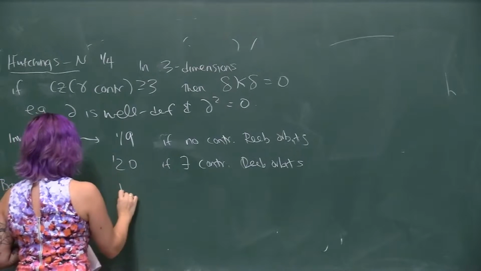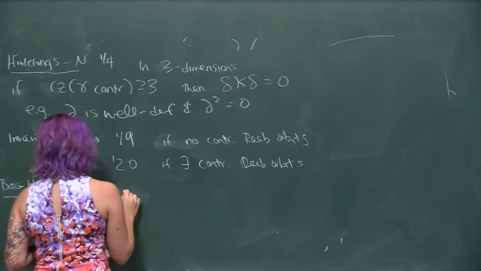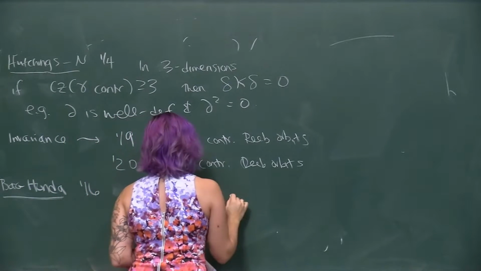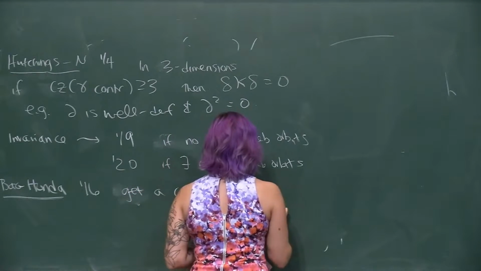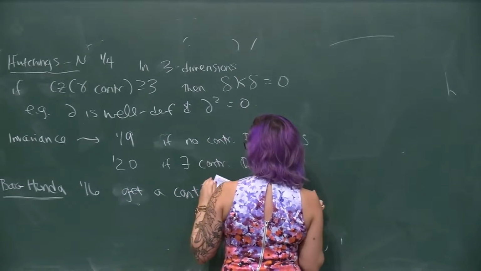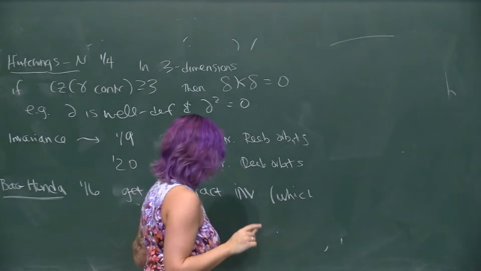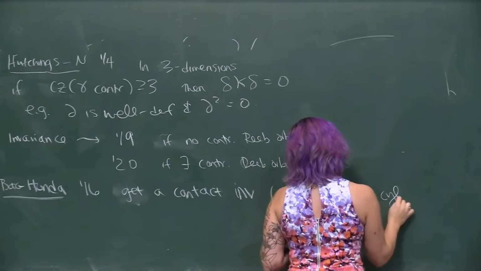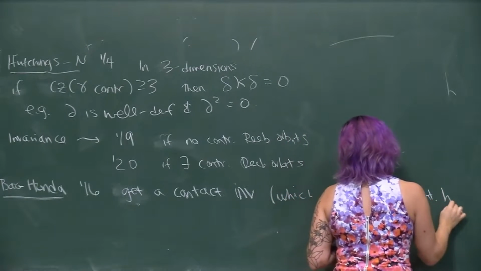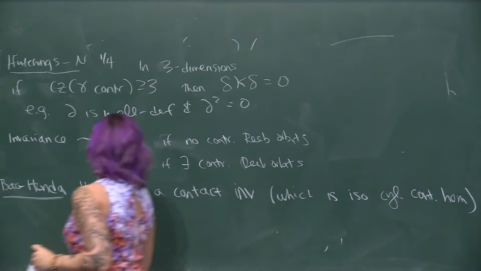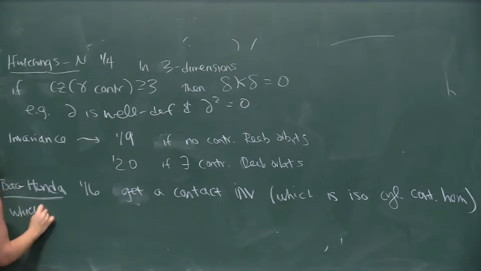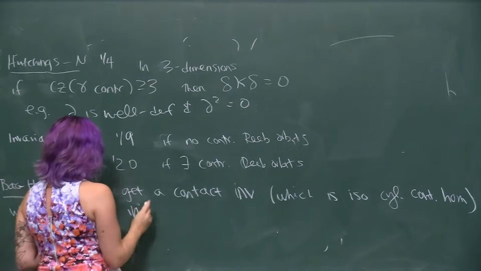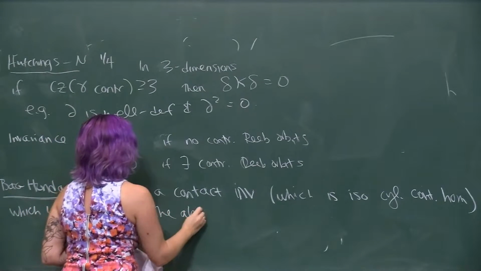So they get a contact invariance, which you can show by the filtrations that Michael and I established in our 2019 paper, which is isomorphic to cylindrical contact homology, which is a contact invariant in the hypertight 3-dimensional setting, which is in the absence of contractible Reeb orbits.